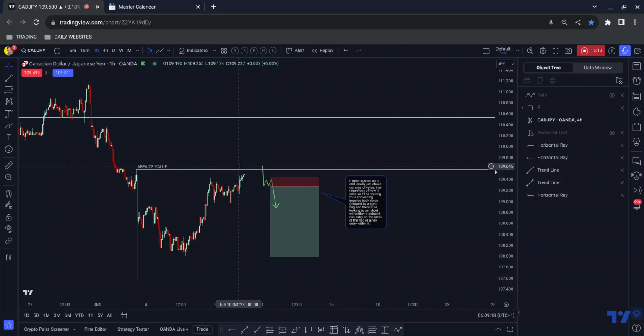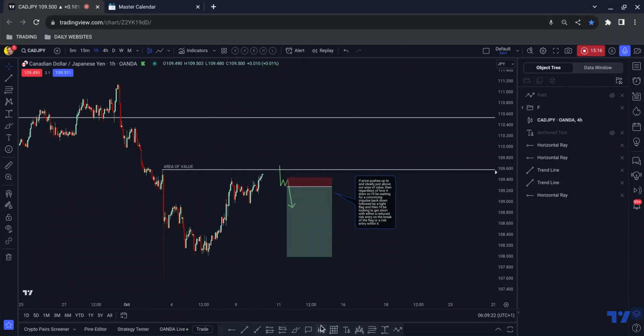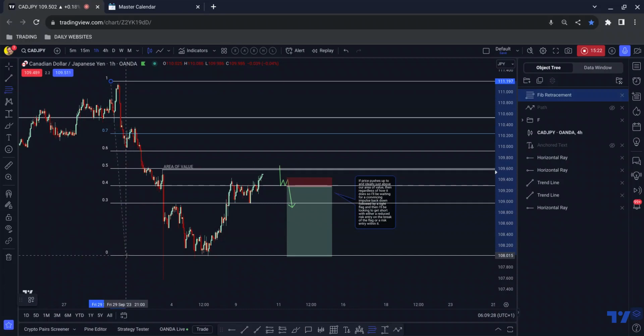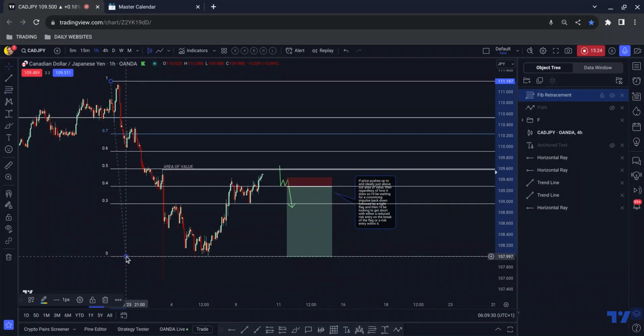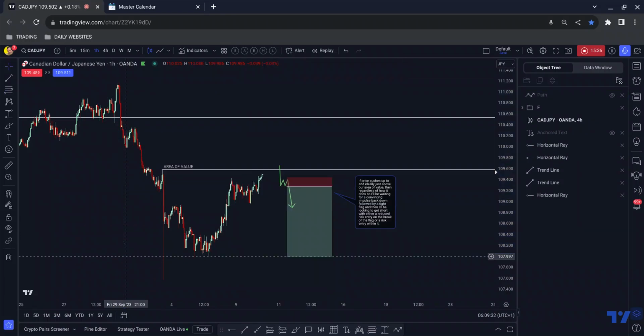Okay, so we'll see what happens. Once again, I've got an alert just below that area of value, and if we just measure that once again and ignore the volatility spike, that just so happens to be exactly a 50% retracement, or more or less. Okay, so that is CAD yen.